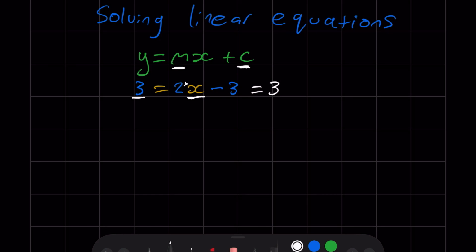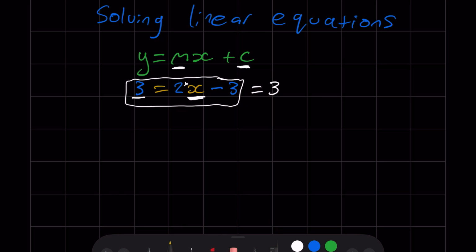What does that x value need to be for 2x take 3 to equal 3? That is what it means by solving a linear equation. You have this linear equation, 3 equals 2x take 3, and you need to solve it, finding what that x value is for this to be true.